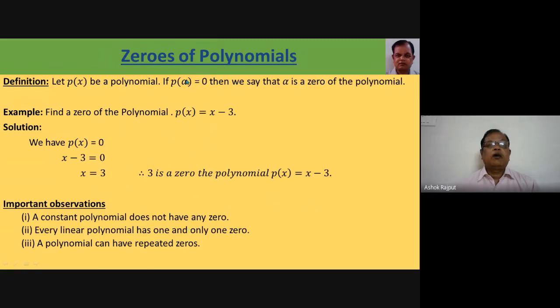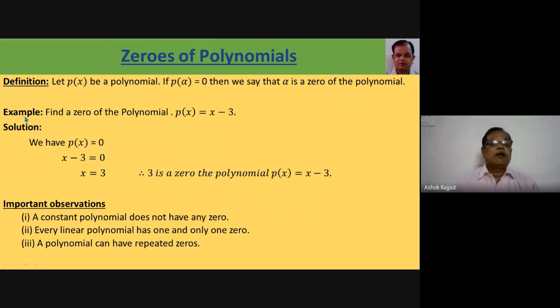Now we are going to explain the zeros of polynomials. First we define it. Let p(x) be a polynomial. If p(alpha) equal to 0, then we say that alpha is a zero of the polynomial. If p(alpha) is not equal to 0, then alpha is not a zero of the given polynomial.